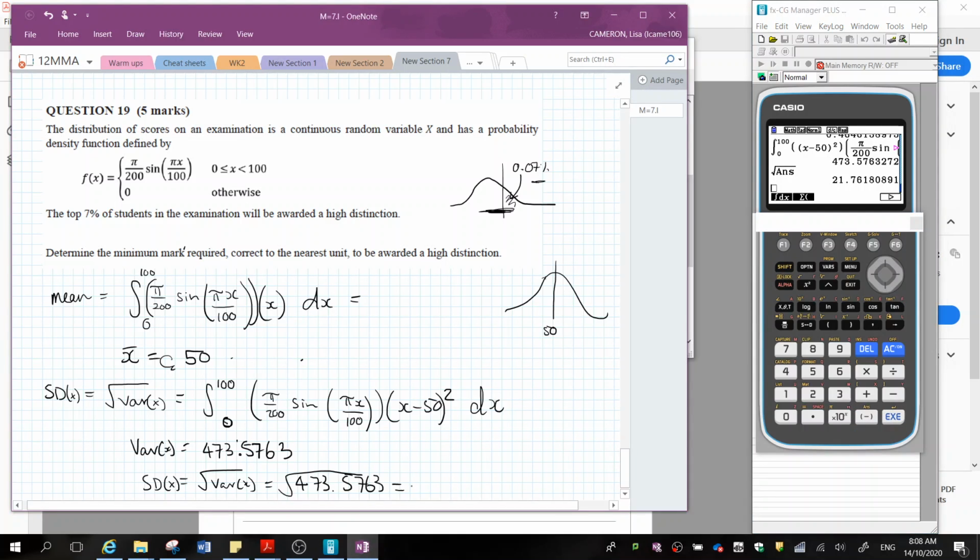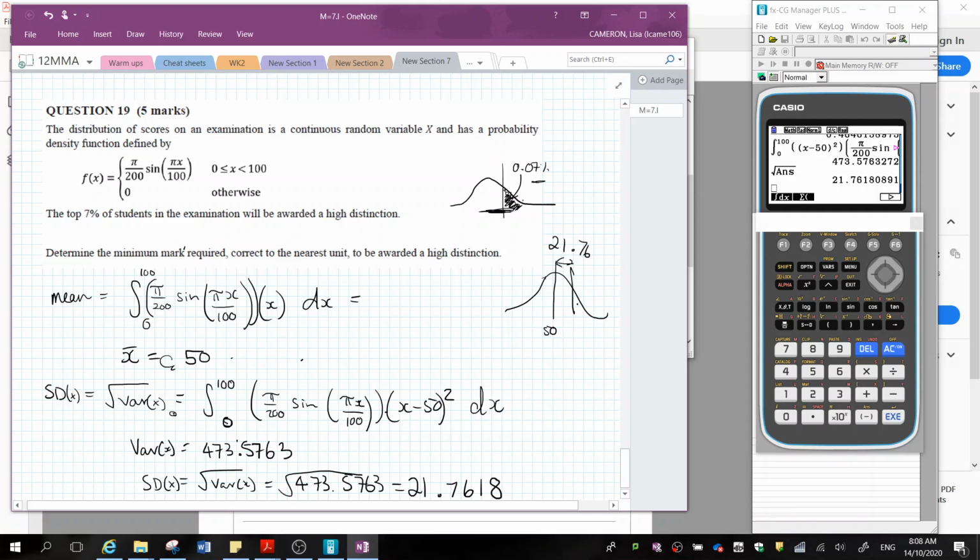Okay, so then that's telling me that my standard deviation is 21.7618. So now I found out that the standard deviation is the distance between the two bars, which is going to be 21.76 approximately. Remember, we're still trying to find out this little space in here.